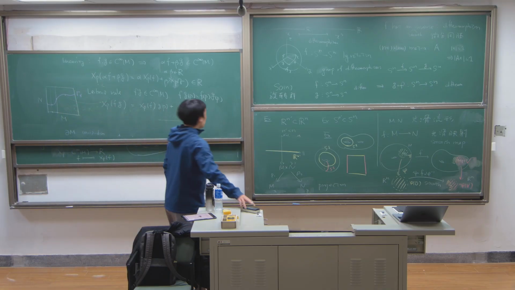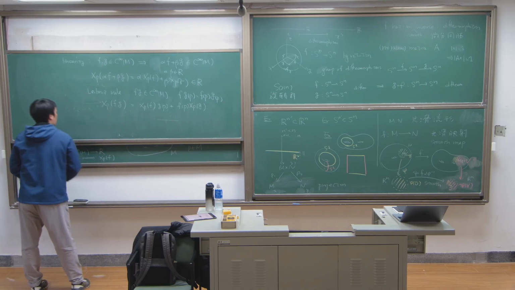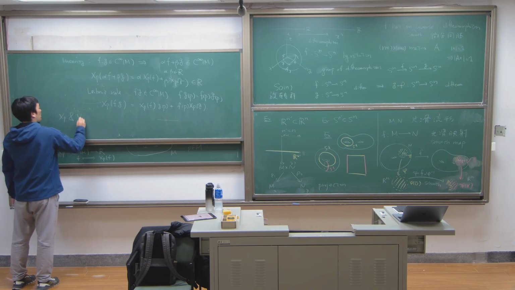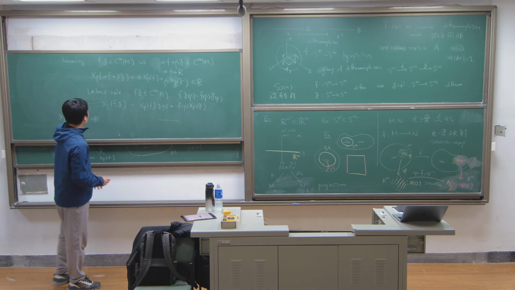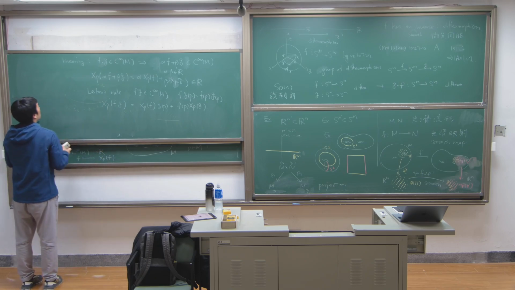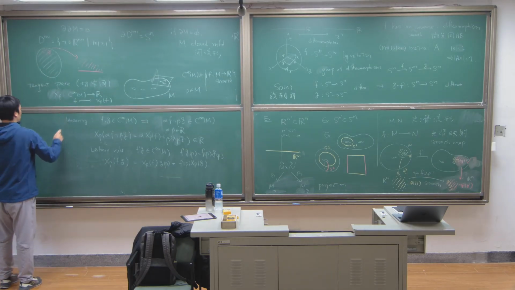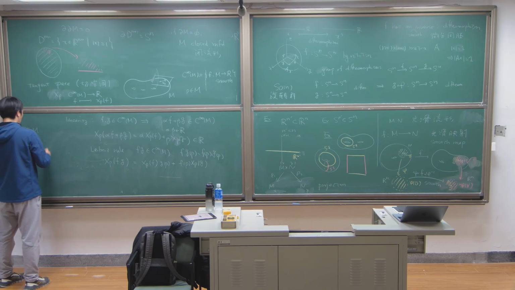So they form a vector space. Suppose you have two vectors X_p and Y_p, and I call the space of tangent vectors T_pM, the tangent space at point p.